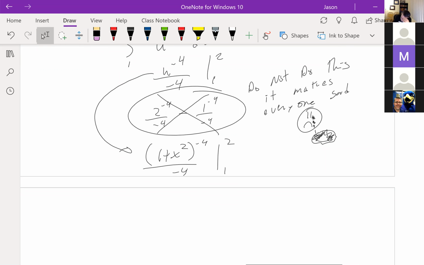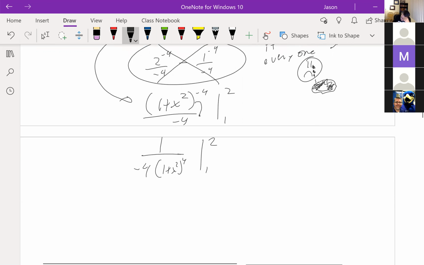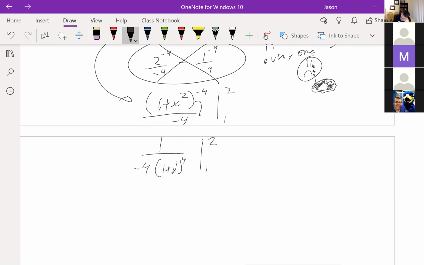Well, I'm going to bring the -4 down below. So this is really 1 over -4 times 1 plus X squared to the 4th power, evaluated from 1 to 2. Now I can plug in my 2.